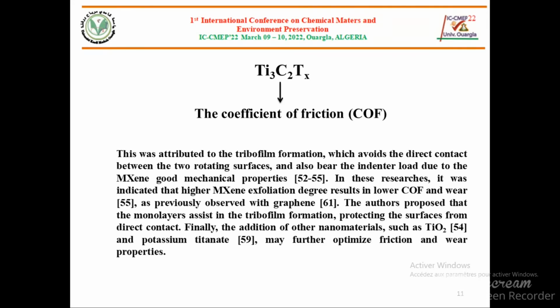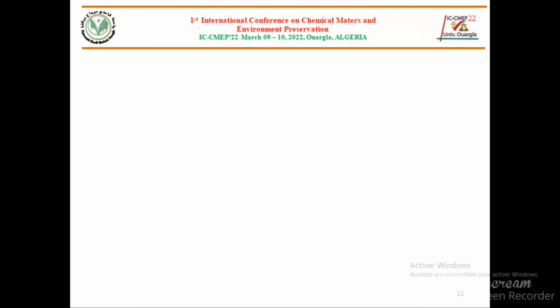The authors proposed that the monolayers assist in the tribofilm formation, protecting the surfaces from direct contact. Finally, the addition of other nanomaterials such as TiO2 and potassium titanate may further optimize friction and wear properties.